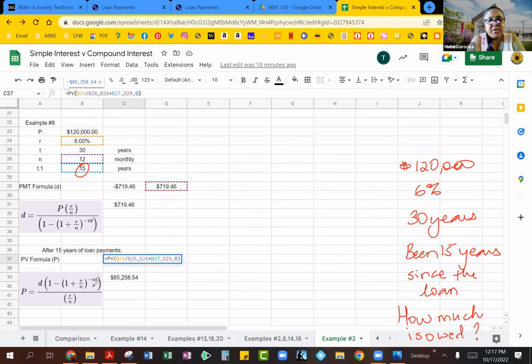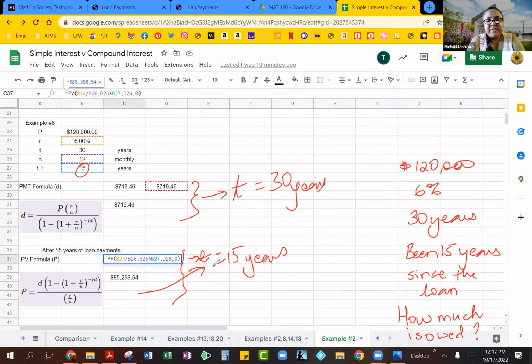Same thing when you are using the textbook formula, you're doing this calculation again at 15 years. So the first two calculations used time as 30 years, and then the present value was using time as 15 years. So that's the breakdown you have to work out in this example.